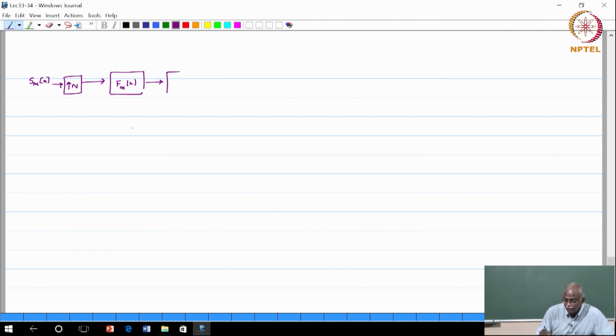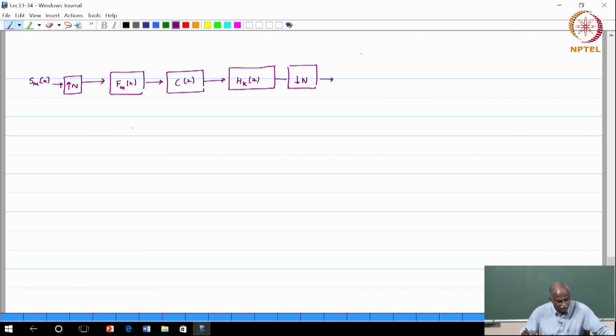Then followed by the channel C(z), followed by Hk(z), downsampled by N, and this one comes out to be Sk hat[n]. So, mth input, kth output, that is the input output relationship that we are looking for.